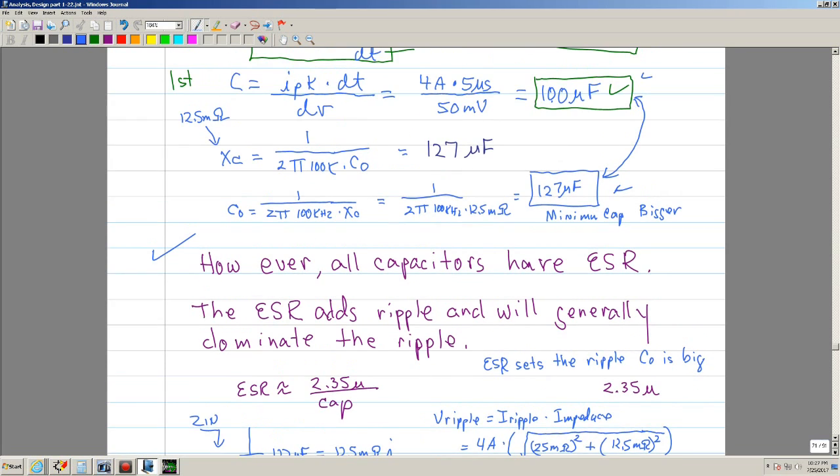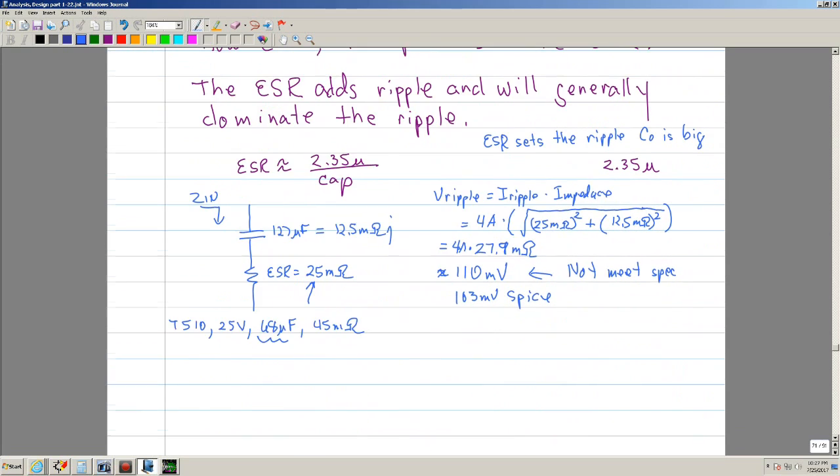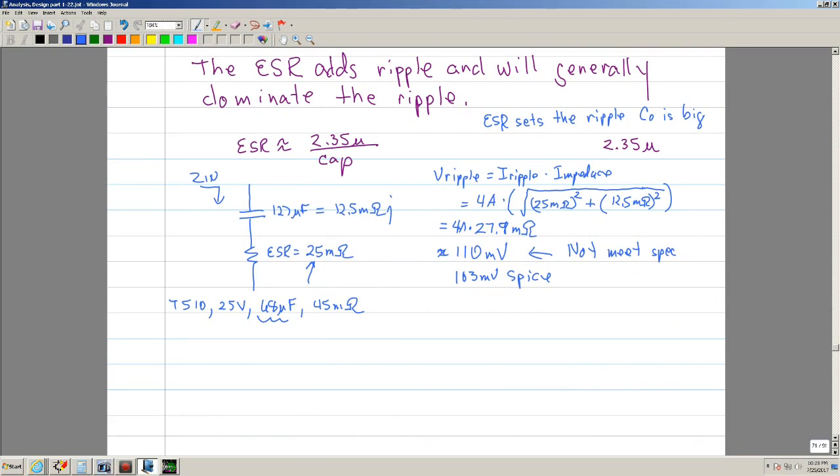And remember, we want an impedance of 12 or less. So we want the impedance of 12.5. So let's give ourselves margin. Let's set this to maybe 8 milliohms.